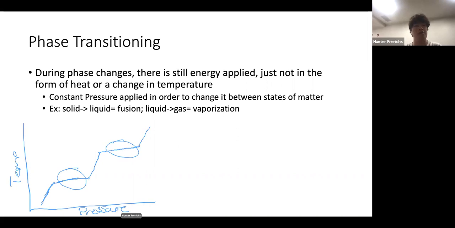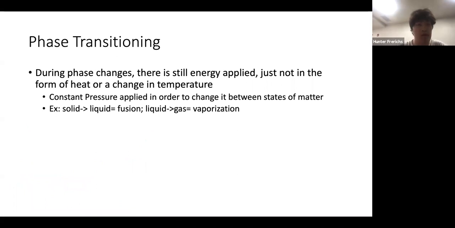During a phase transition you're not gaining any temperature. There's a constant pressure applied to the molecules, which makes them change states and phases. This part right here would be your solid to liquid, and this part would be your liquid to gas. Let's continue on now, shall we?